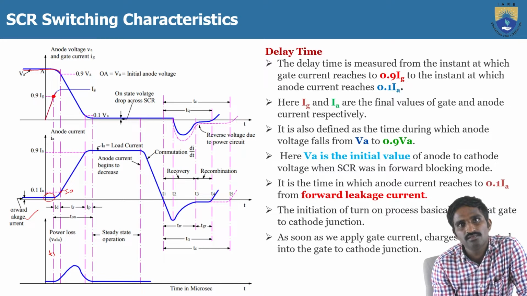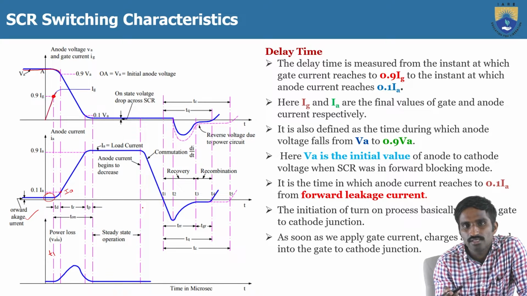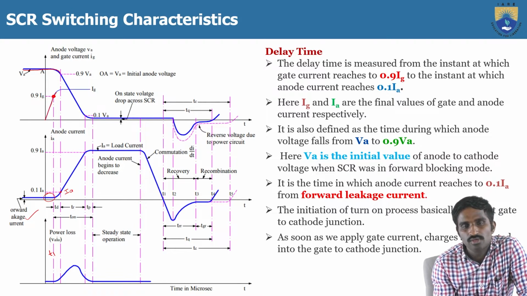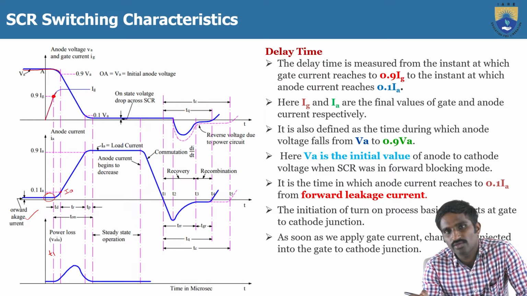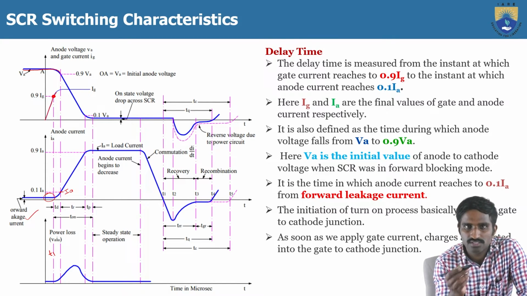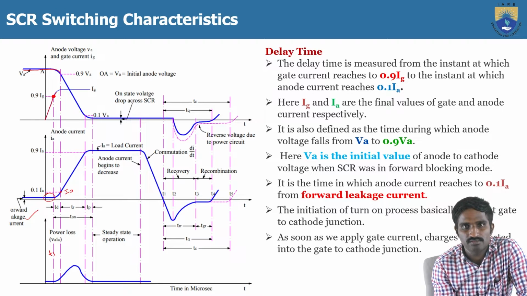Again here Ia is the minimum anode current required to turn on the thyristor. So suppose in this case also some 10 milliamperes of anode current is required to turn on the thyristor. Then 0.1 Ia means just 1 milliampere, that is 0.1 into 10.